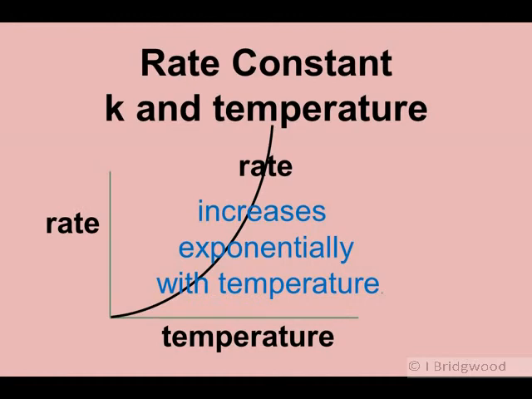Therefore, the factor that increases with an increase in rate must be the rate constant. So therefore, we can say our rate is proportional to k, and when we change temperature, our rate constant k increases exponentially with increasing temperature.